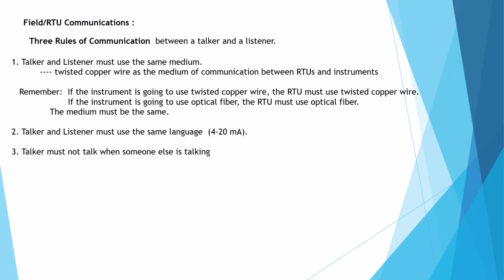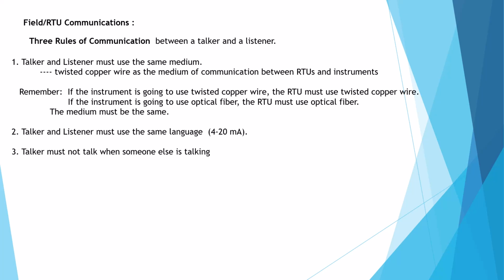Also, the talker and listener must speak the same language. If you use 4 to 20 mA as the signal, you always use the same. If the field device uses 4 to 20 mA, then in the RTU you have to configure it to use 4 to 20 mA.